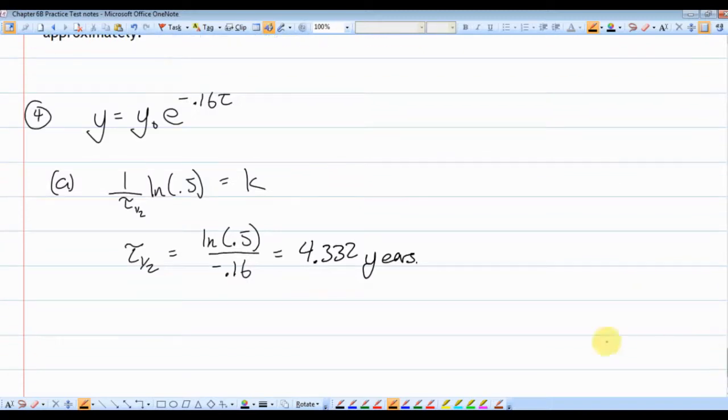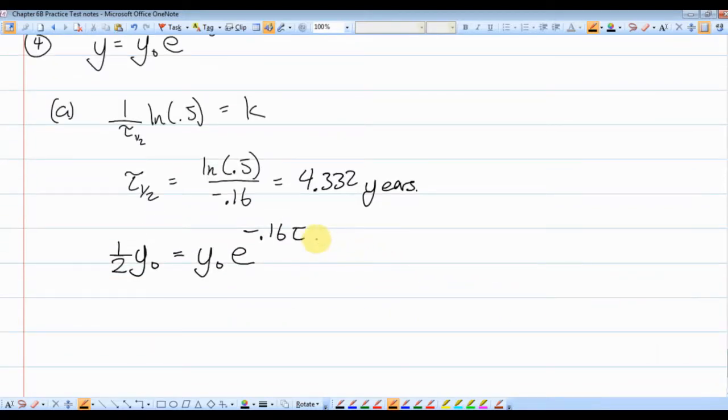We were talking about doing this the long way, and there's no problem there. We're actually just going to get to this equation anyways. At the half-life, the quantity is half of y naught, right? When t equals the half-life, which we should make tau 1/2, you end up getting 1/2 equals e to the negative 0.16 tau.